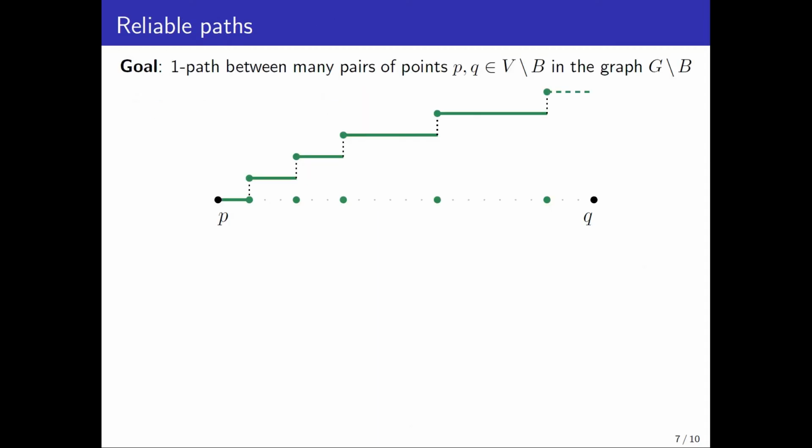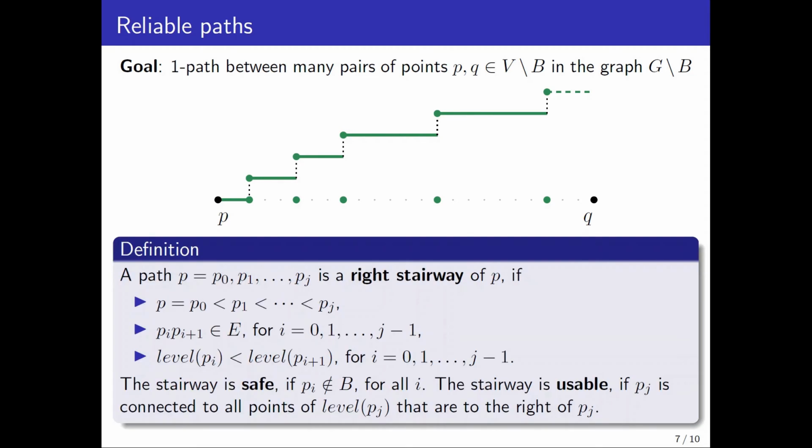So let's see how we find a reliable path between pairs of points in the residual graph. Suppose we have p and q and we want to find one path between those. So what we do is to define the object that we call a stairway. A right stairway of p is a path that goes to the right, and it's not only going to the right, but it's also climbing up in the level structure.